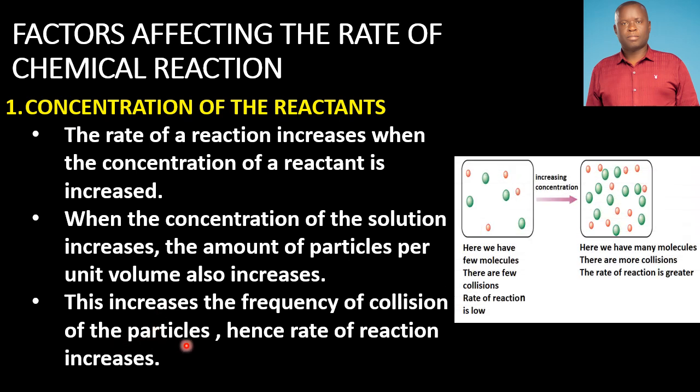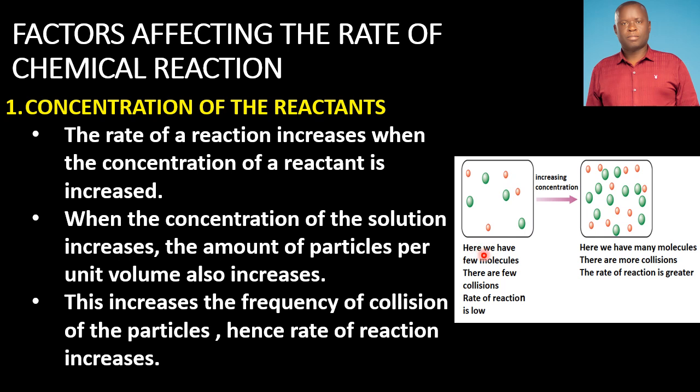We can show this by this diagram here. This is a beaker in which we have fewer particles of reactants. Here we have few molecules, so there are few collisions. Because there are few particles, the number of collisions is also few, therefore the rate of reaction is low.